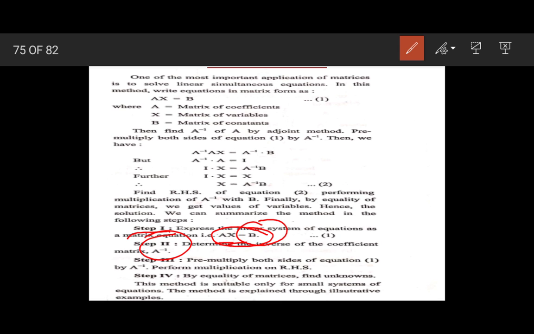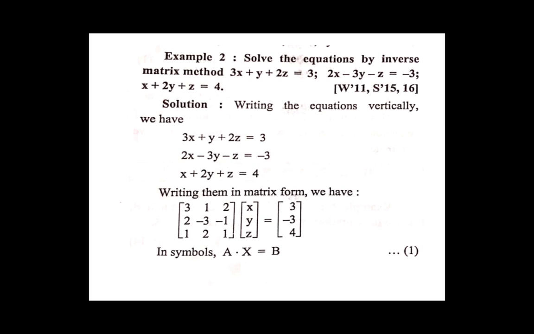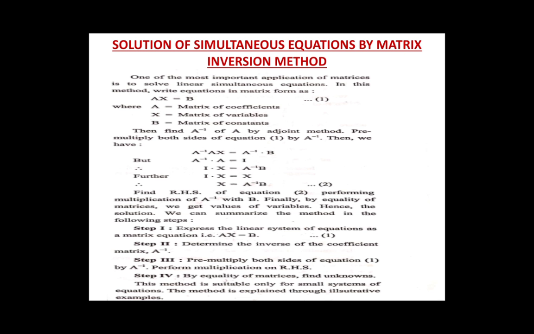In the third step, you can pre-multiply A inverse on both sides, so you will get the equation X is equal to A inverse into B. After multiplication, we will get the variables' values.